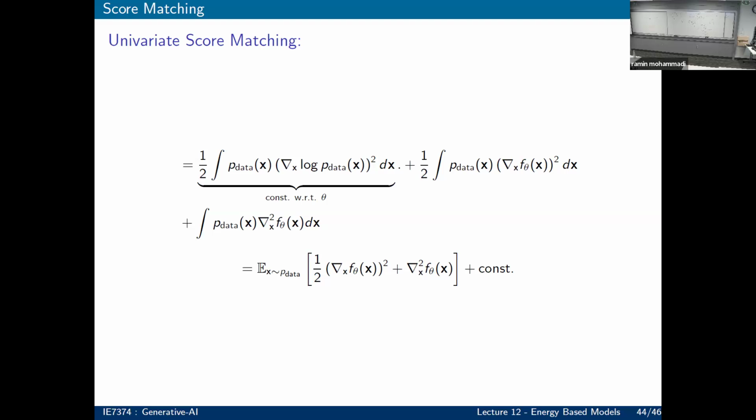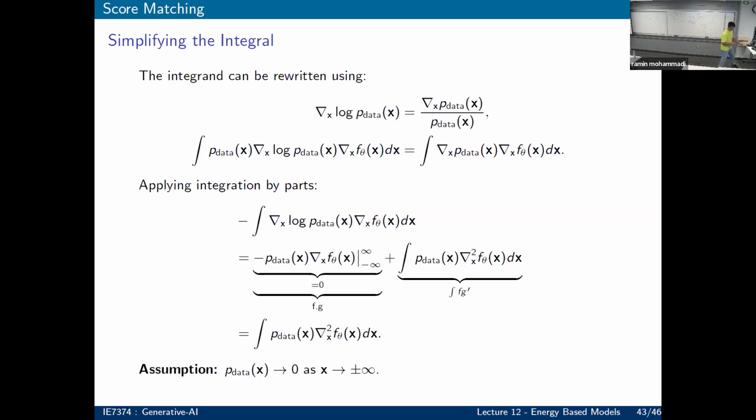Question on that? A bit confused. Which part? Go back to where we rewrote the integrand. In the end the integrand was that value.